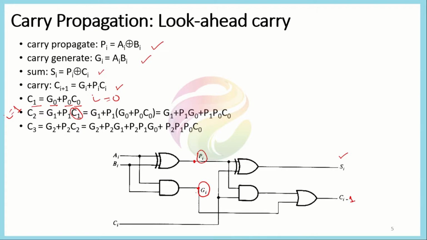And if you look more deeply, you can see that this carry C1 is already generated, or can be generated, through the equation we calculated for i equal to 0. So if you put the value of C1 after P1, that is G0 plus P0 C0, then we get this term here.